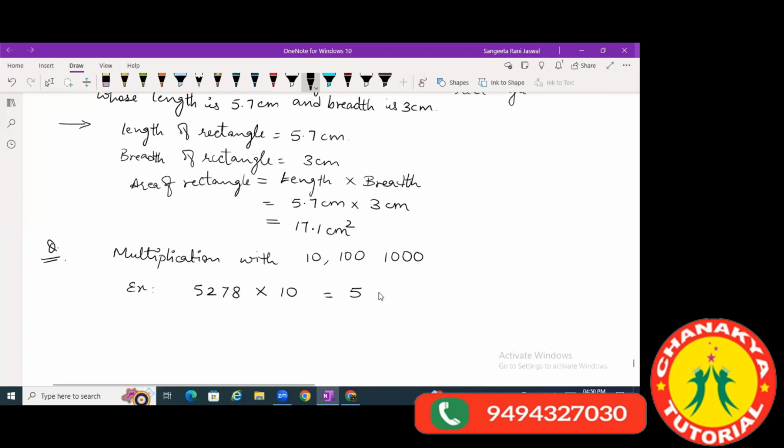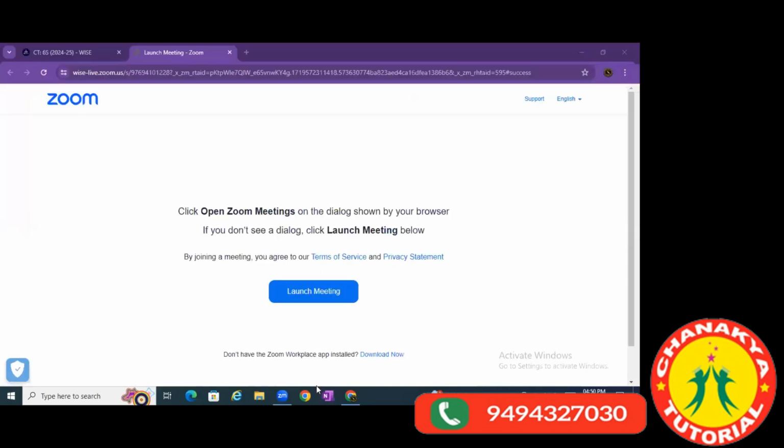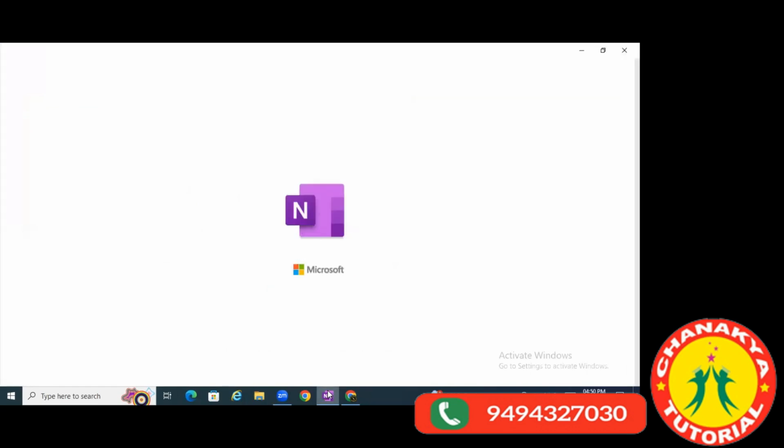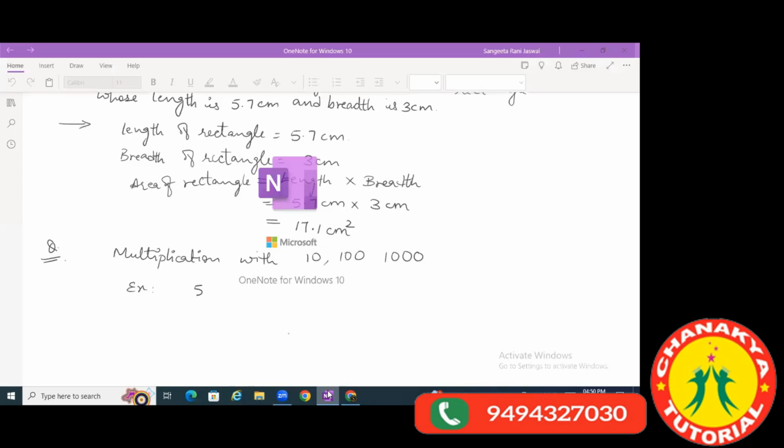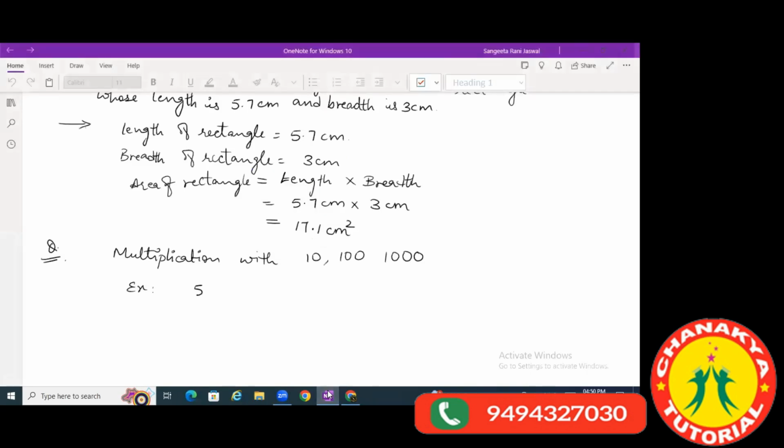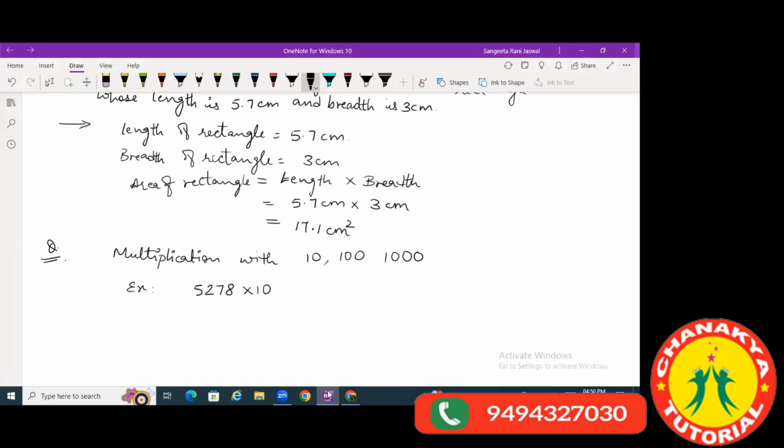I have just written the number 5278 multiplied by 10, so you will just add a 0 at the end: 52780.